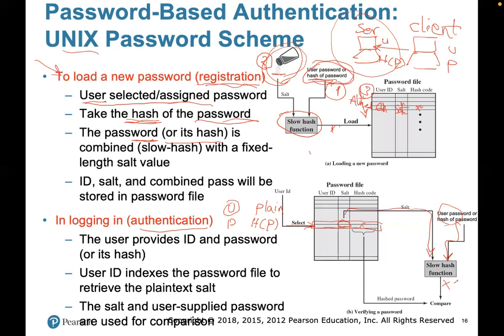And here, of course, is X. X prime and X are going to be compared against each other. If X prime and X match, it means that the password this user has sent is a password that this specific user has been registered with. So this is a valid password and the user can be authenticated.